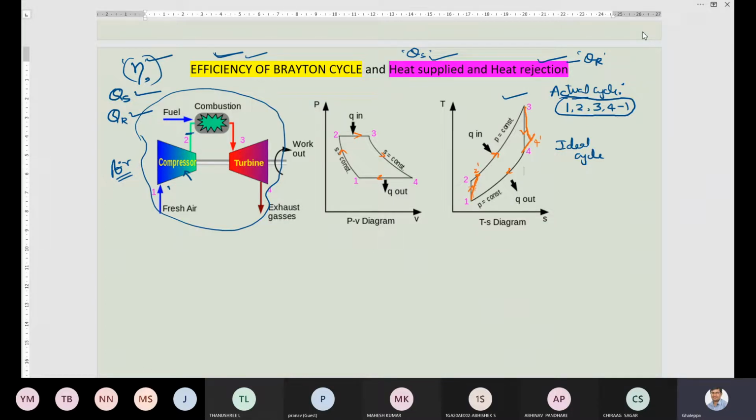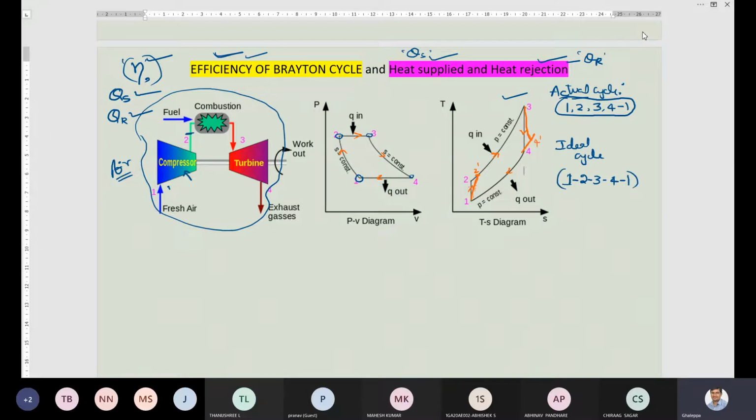Look at the PV diagram also. Point number 1, 2, 2 to 3, 3 to 4, 4 to 1. Sorry, no, it is not the actual cycle. It is the ideal cycle. 1 to 2, 2 to 3, 3 to 4, 4 to 1. It is an ideal cycle.